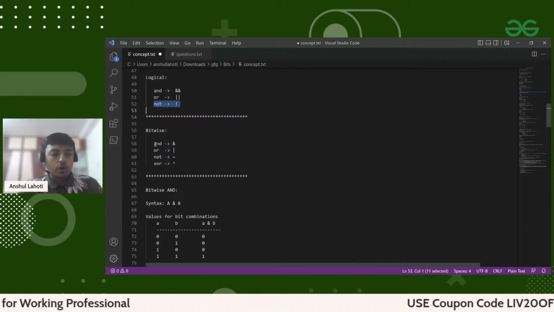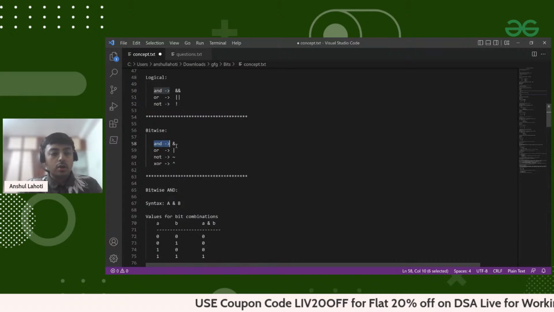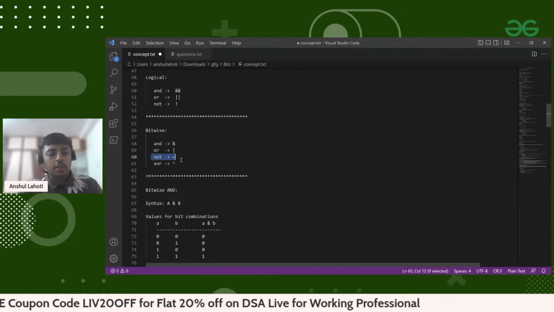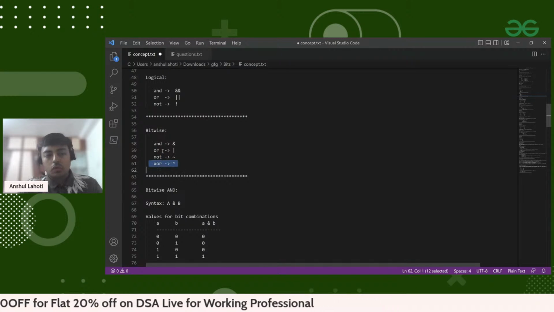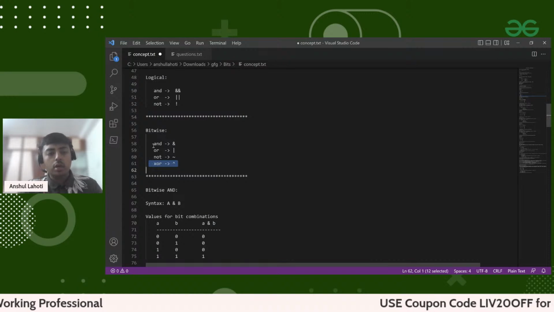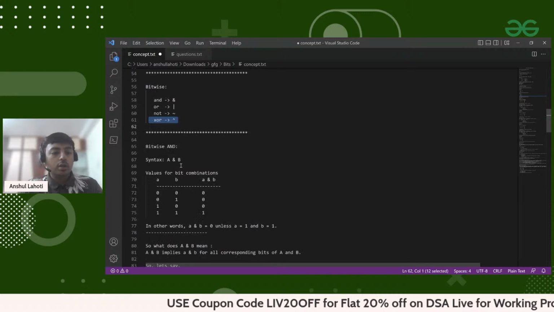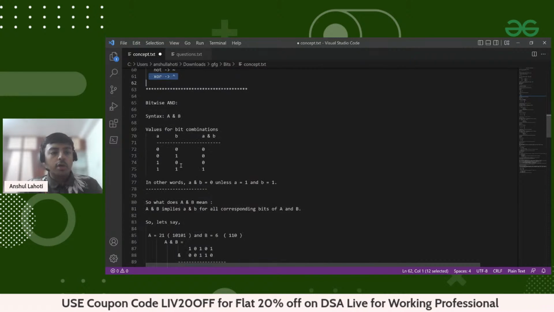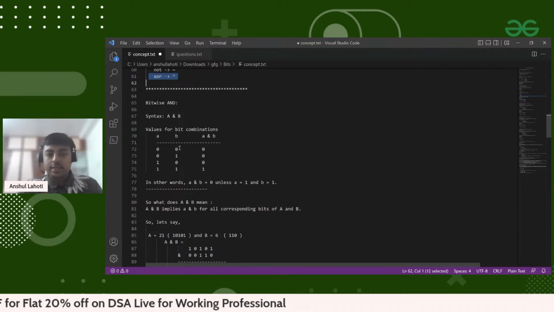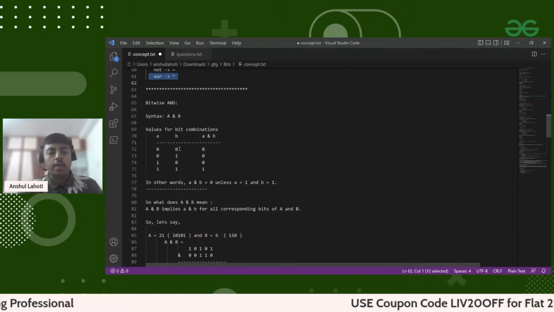We will look deeper into what this is and how it works. Bitwise and is this, or is the single pipe, not is this, and XOR is represented by this. This is the basic representation, and we will be using it while writing code. Now I will tell you more about bitwise and: what the syntax is, what bitwise and does, what values we and, and what we get.